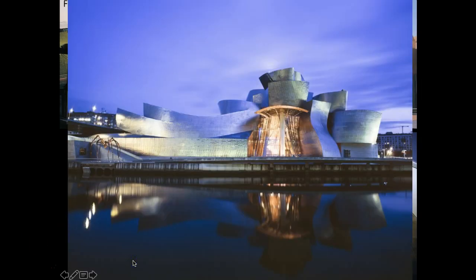Here's another view of the museum in Bilbao, and we have the spider that's right here. This is one of the sculptures. There's a lot of sculptural elements outside of the museum as well, so people come to visit the outside of the museum too.